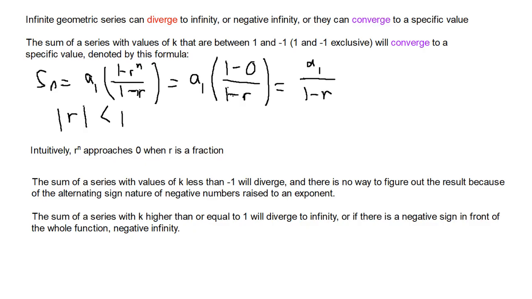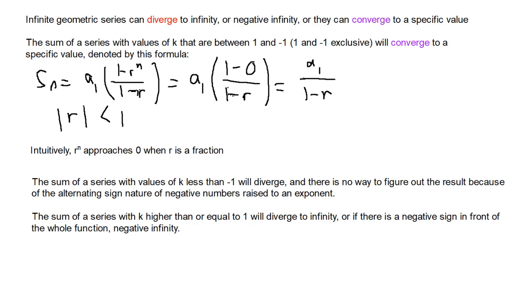Okay, number 3. So these infinite geometric sequences, they can diverge to infinity. Diverging means going away from something, and converging means going to something, right? So they can diverge to infinity, they can diverge to negative infinity, or they can converge to a specific value, right? And the sum of the series with values of k that are between 1 and negative 1.